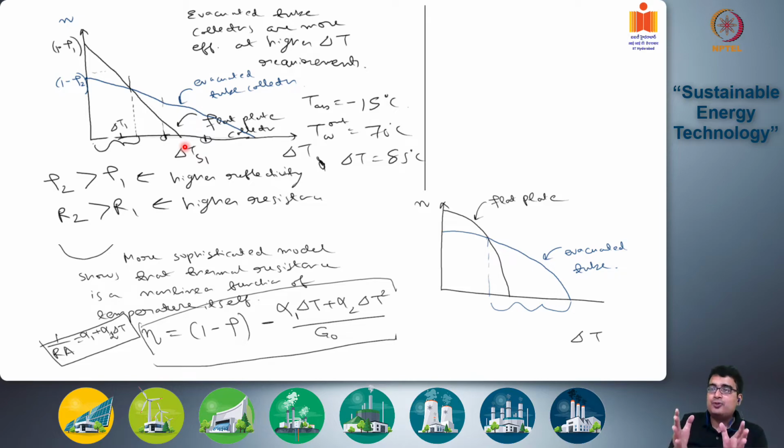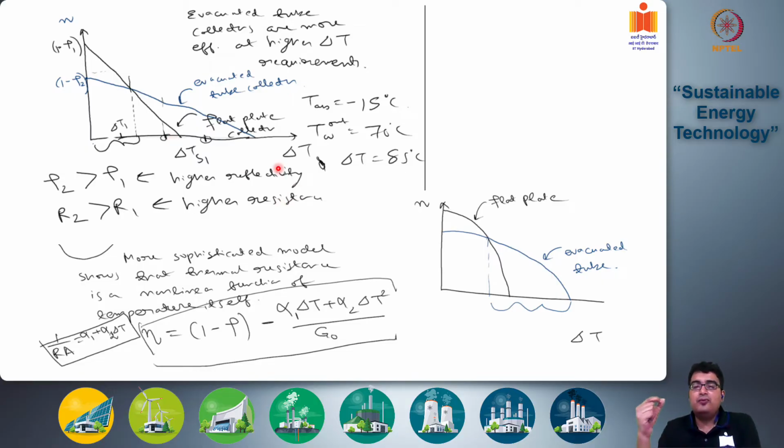That is why you can sustain higher outlet temperatures for a heat transfer fluid. So if you want higher temperature values, you should prefer evacuated tube collectors, which can give reasonable efficiency even at higher outlet temperatures, where your flat plate collector will not work.